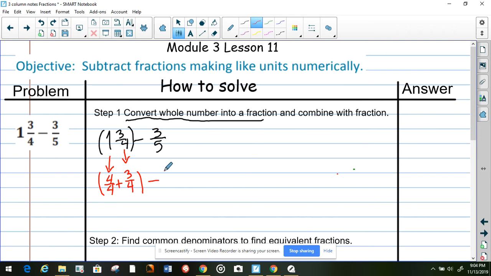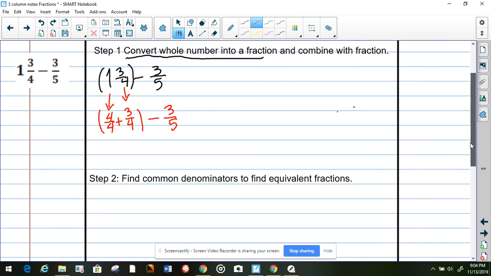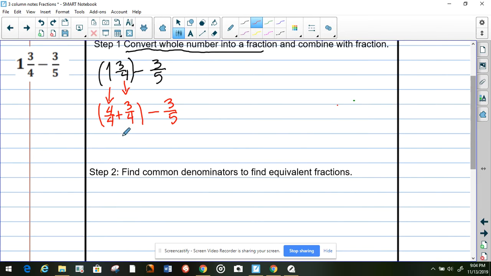Then we subtract the 3/5 from that number. Correct? Okay. Now we're going to add this, and this is going to turn into 7/4. Now we've got to subtract 3/5.